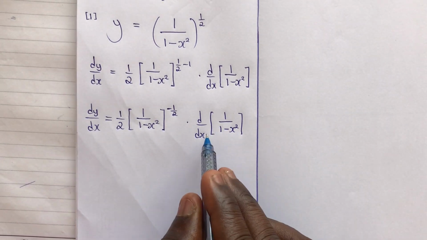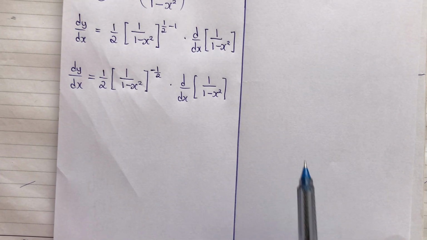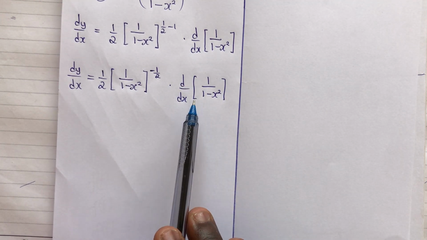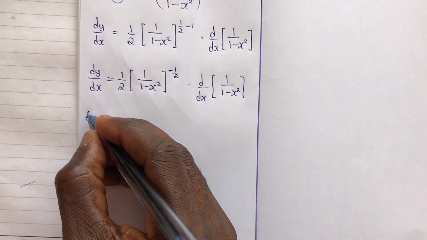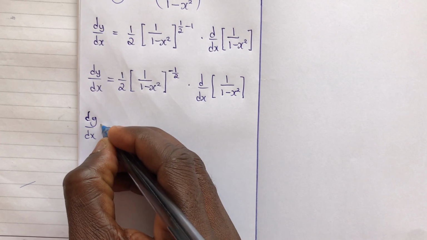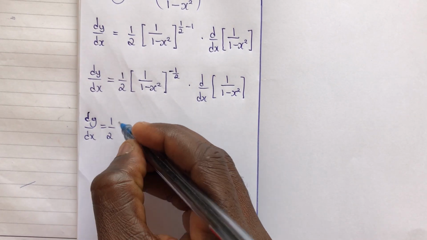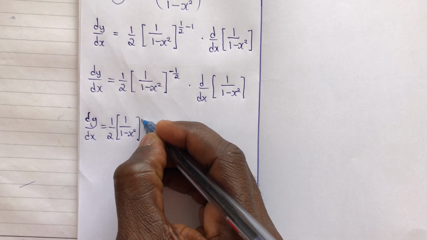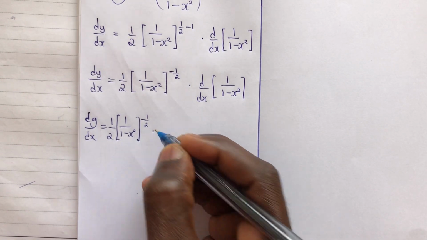I'll work on this side of the function. So now let's leave this side and focus here. How do we find the derivative of this? So let's do that. We are having dy/dx giving us 1 out of 2, 1 over 1 minus x squared to negative 1 over 2, times.